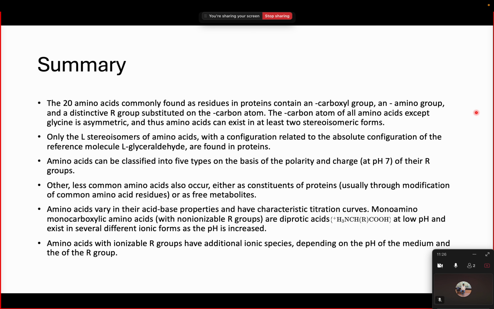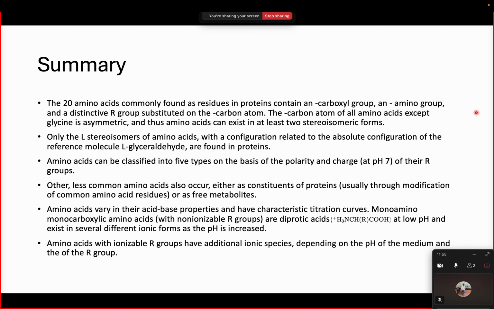Amino acids can be classified into 5 types on the basis of polarity and charge at pH 7 of their R group. Other less common amino acids also occur either as constituents of protein, usually through modification of common amino acid residues, or as free metabolites. Amino acids vary in their acid-base properties and have characteristic titration curves.